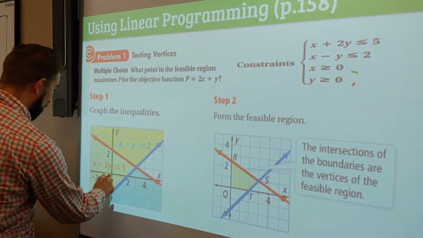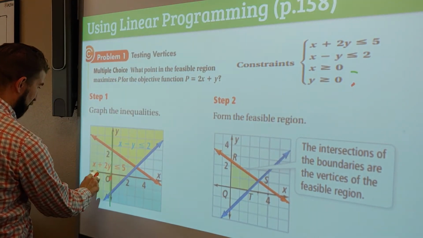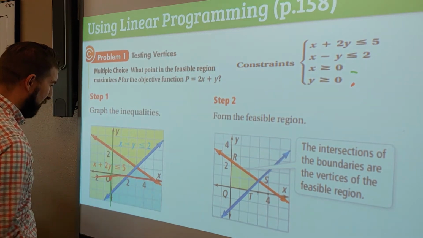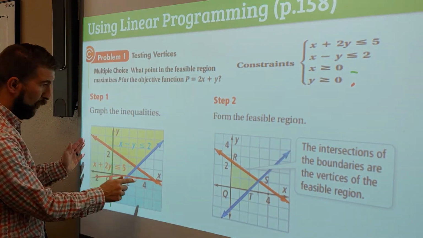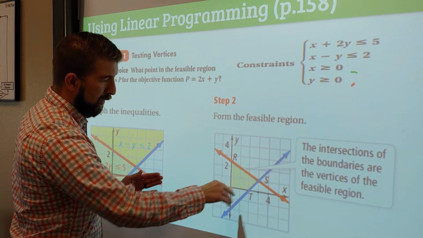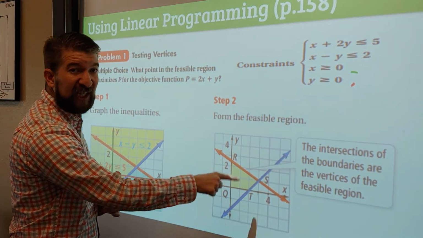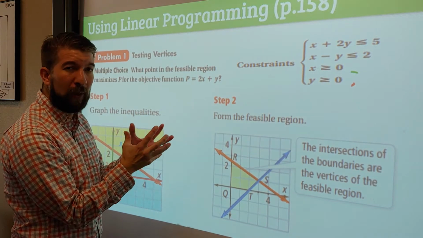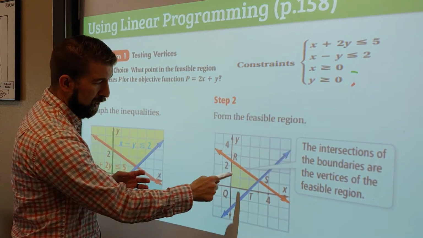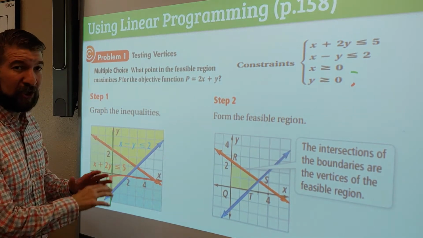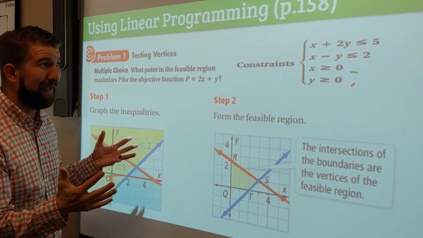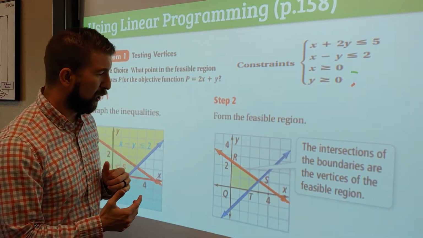The y at 0, looks like my pen is off. It's right there, so you can kind of see where these lines mark, and it shows you the feasible region. So all the areas where there could be a possible solution are this shaded area. And it's just like we did those last examples, except now they've added more inequalities.